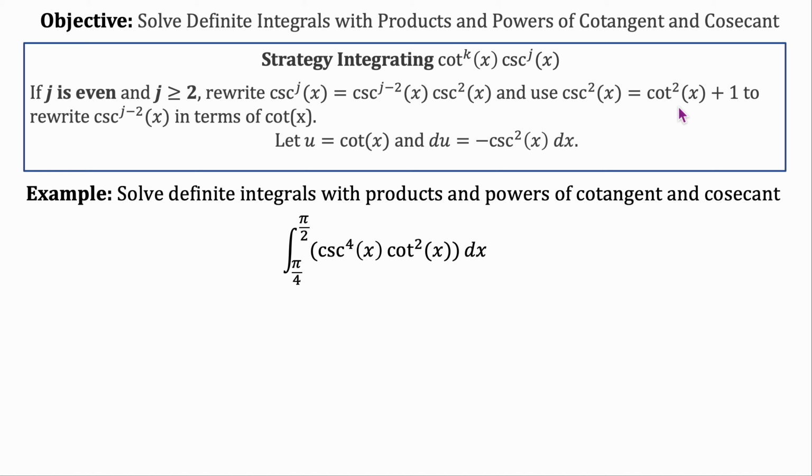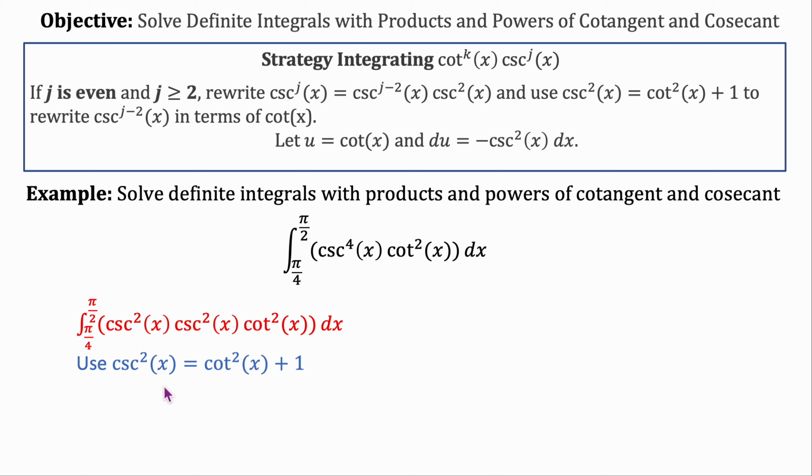We're going to do that substitution, and then once we have everything ready to go, we are going to use U substitution. We're going to let our u equal the cotangent of x, and du is equal to negative cosecant squared of x dx. So let's actually work it out for this particular problem.